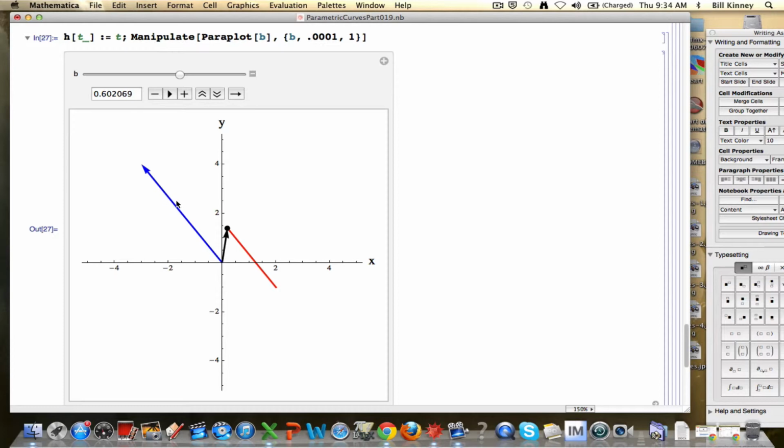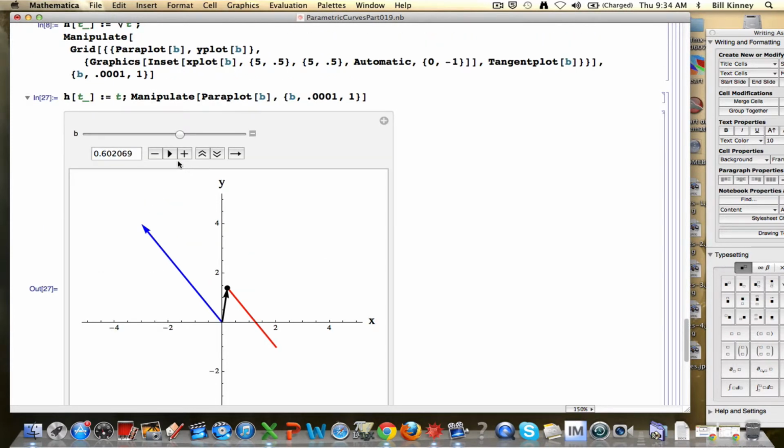In fact, it would make good sense to put the velocity vector not at the origin, but instead at the point where the person is located, because then the fact that these are parallel would be highlighted even more. And later when we talk about curve motion, probably the next video, we'll see that the velocity vector will be tangent to the curve. We talked about tangent lines before. Tangent vectors are a related idea.